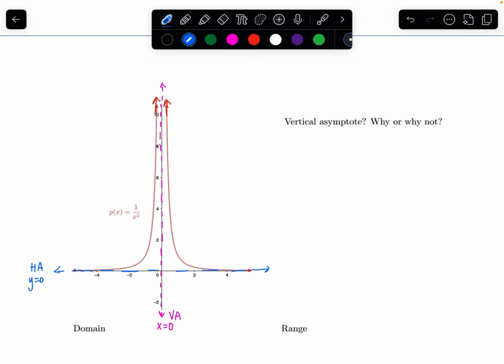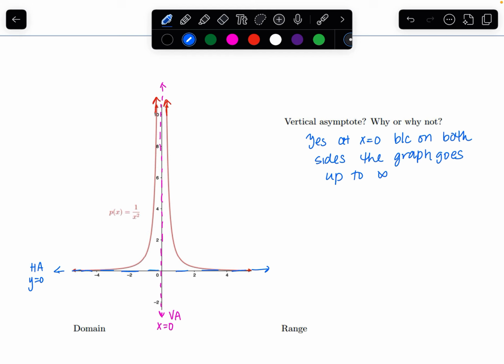And so, yes, we have a vertical asymptote at x equal to 0 because on both sides the graph goes up to positive infinity, which was the definition that we talked about.